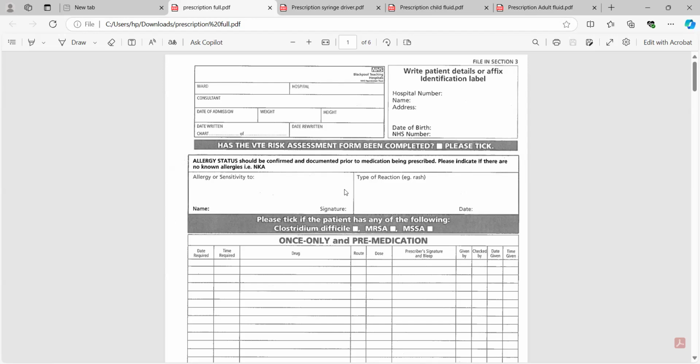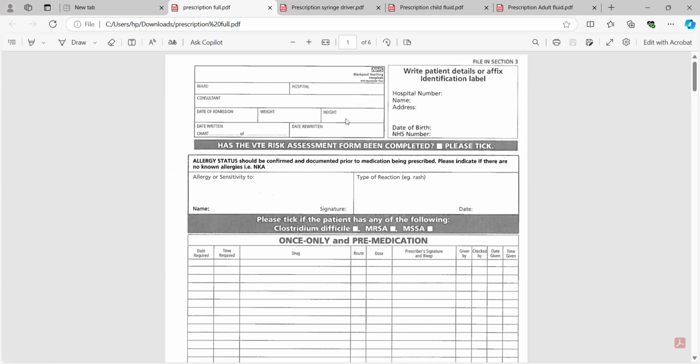Data gathering is the most important thing in the prescription. So for data gathering, I told you earlier there are 3 pages you have to fill: the patient identification label or the hospital detail. If you have to prescribe a syringe driver, or a prescription of child fluid or adult fluid, you have to write on 3 pages. Most of these doctors just fill the patient identification on the first page, and they leave the other 2 parts, or 1 part, if they don't have any other prescription like a syringe driver or fluid prescription.